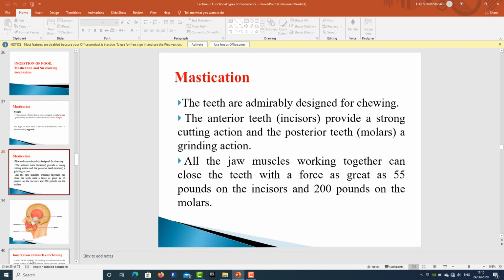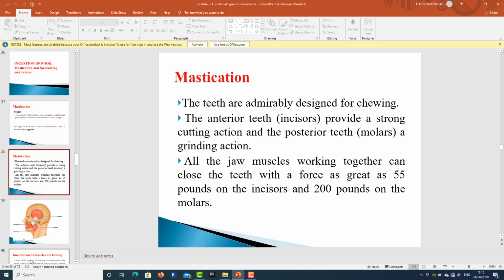Now, mastication. The teeth are admirably designed for the process of chewing. The anterior teeth, the incisors, provide a strong cutting action, and the posterior teeth, the molars, have the grinding action.